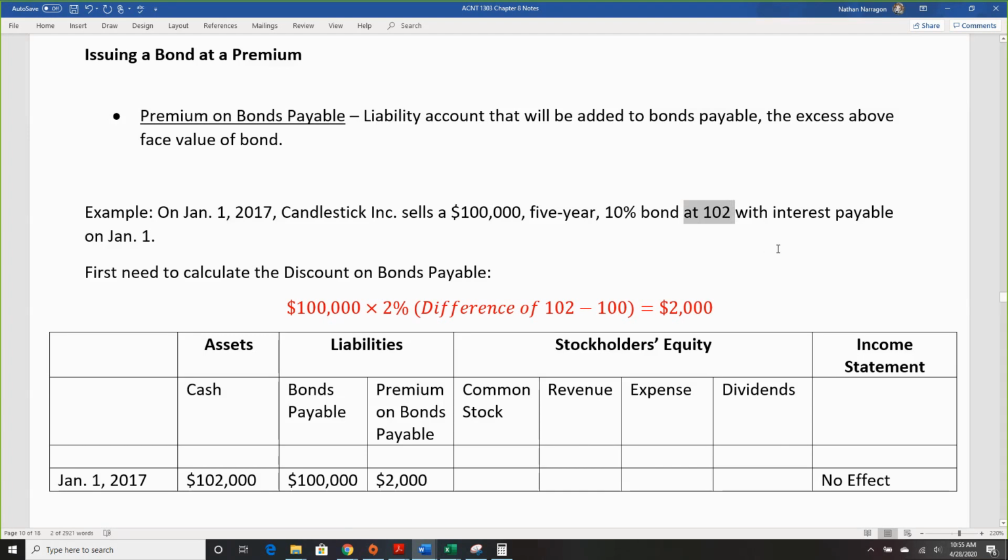Since we only know this, we can calculate the discount. That's not supposed to be discount, that's supposed to be premium. Oops. Premium on bonds payable. And it's basically the same formula. All we do is take the 100,000 face value and multiply it by the difference of wherever the premium rate is minus 100.